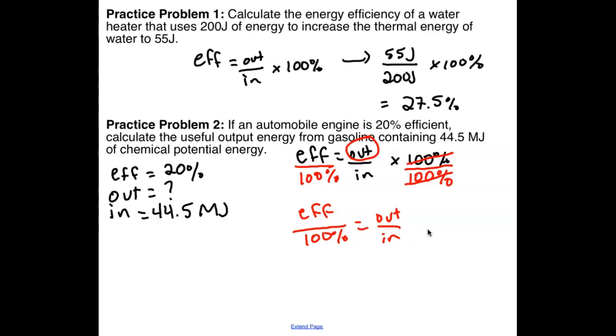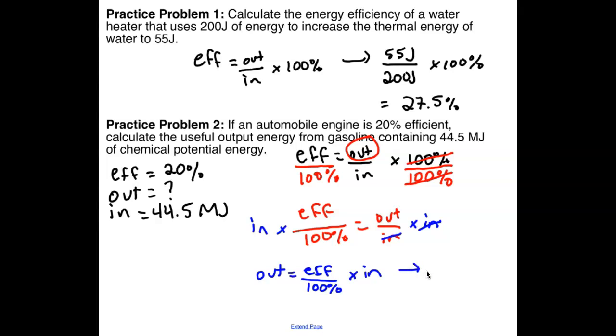Right now it's being divided by, so I have to multiply by input on both sides. Again, it's going to cancel this out. So I'm left with my final equation. I'm just going to rewrite it in the opposite orientation. So my output is equal to my efficiency divided by 100%, and then I'm going to multiply that by my input.